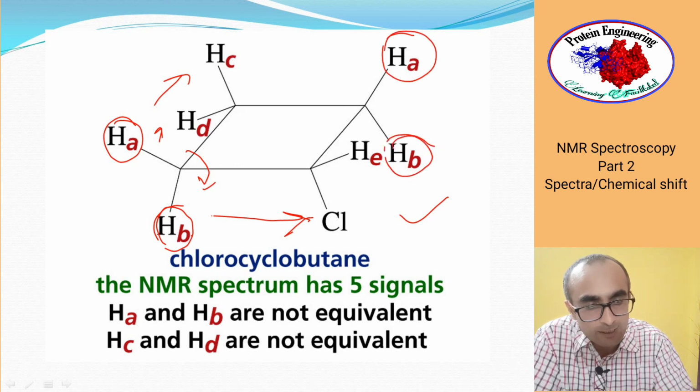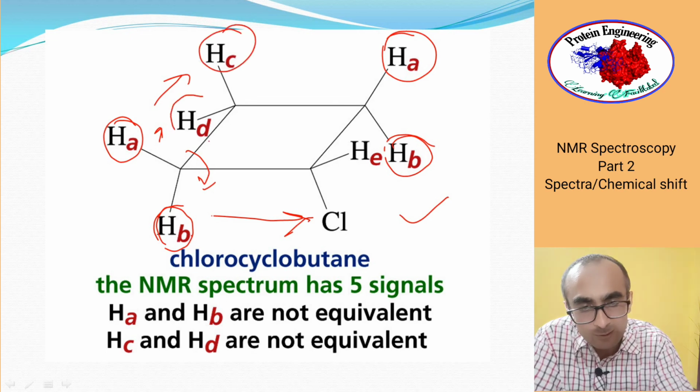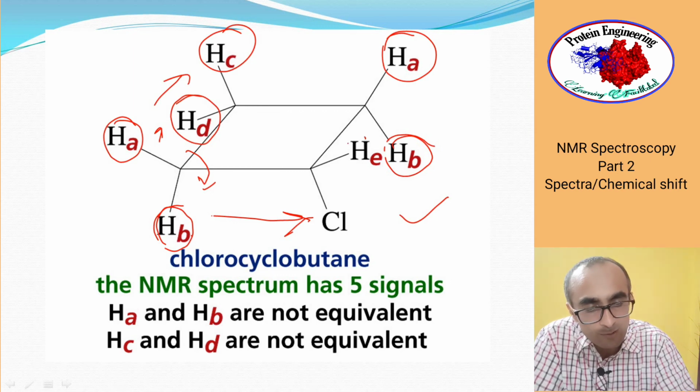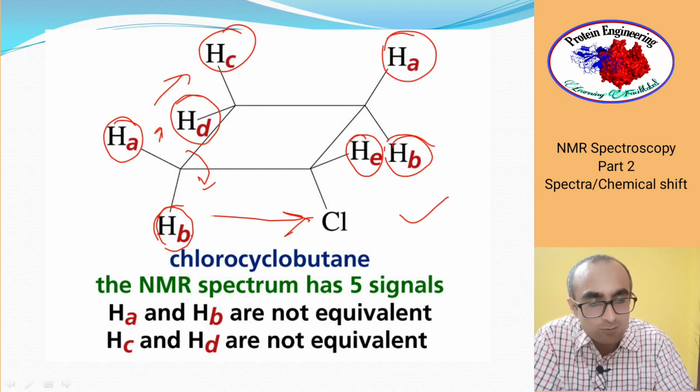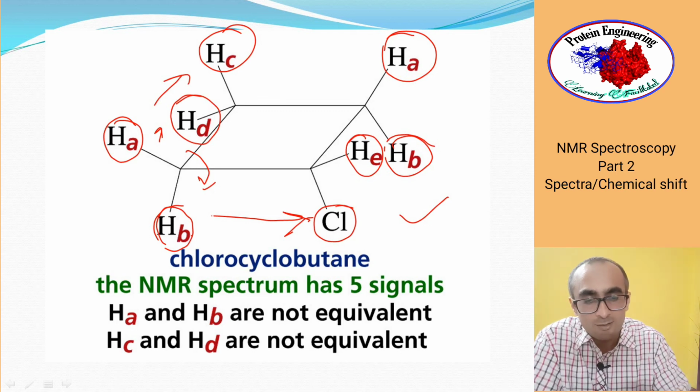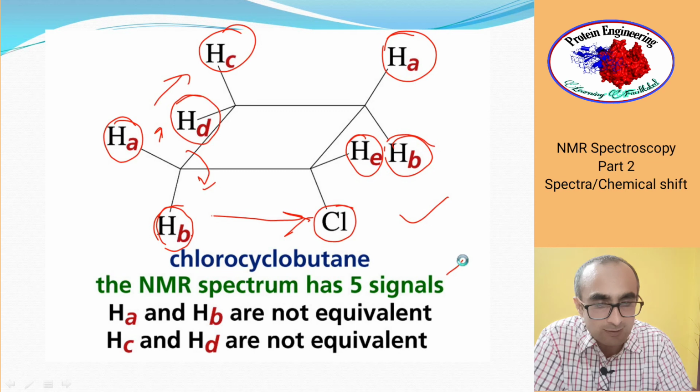They are the same types because they have the same environment. Then these two H atoms, you call them C and D types. They also have a unique environment, and of course the proton attached to this carbon atom is E type. This also has a different environment, that's closer to the Cl atom. So this chlorocyclobutane would give rise to 5 signals in NMR spectra.